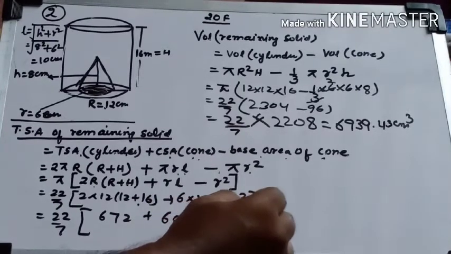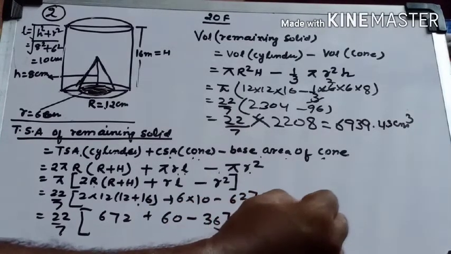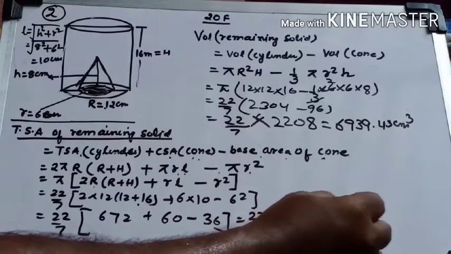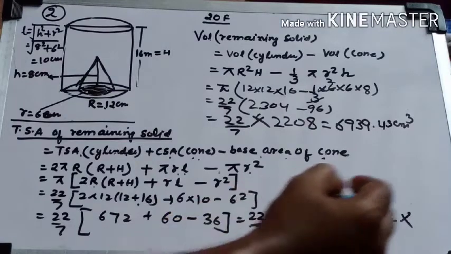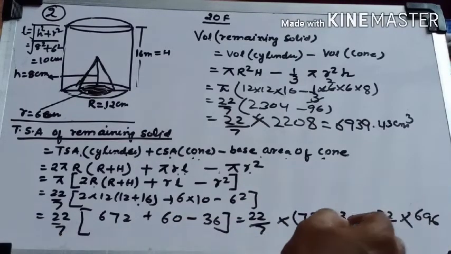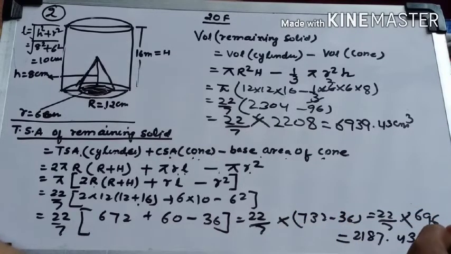So it will come out as 22 by 7 into this one, 732 minus 36, that is equal to 22 by 7 into 696, and this will give you result as 2187.43 centimeter square. This will be your answer.